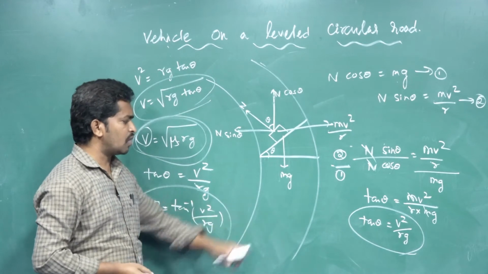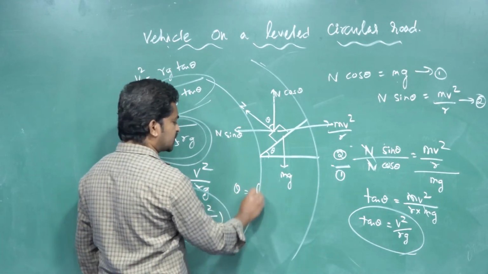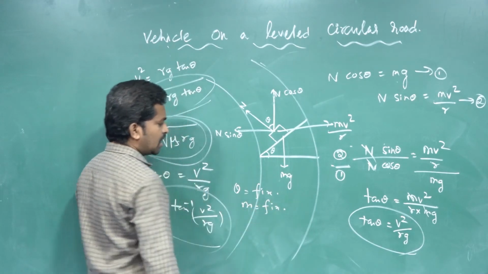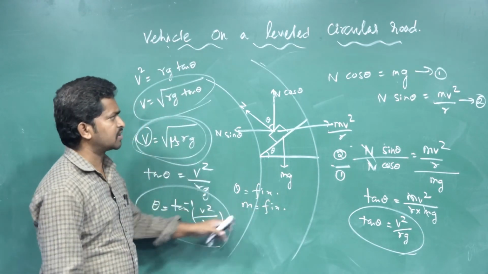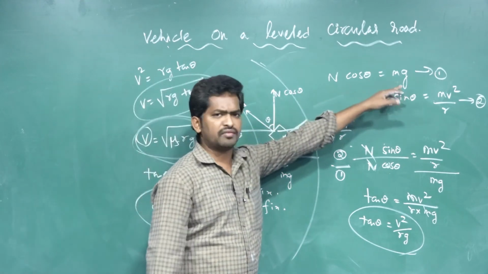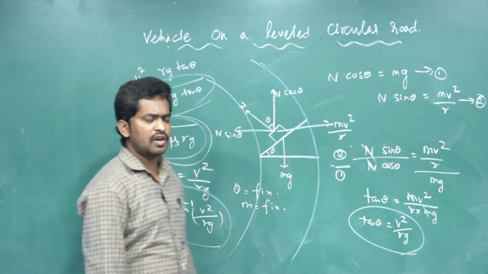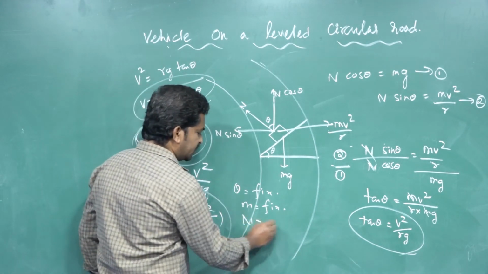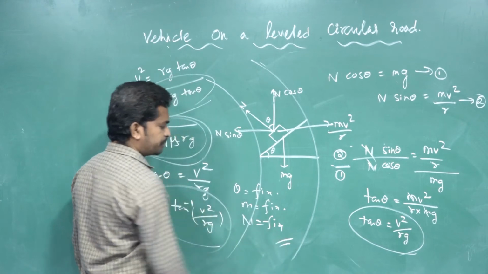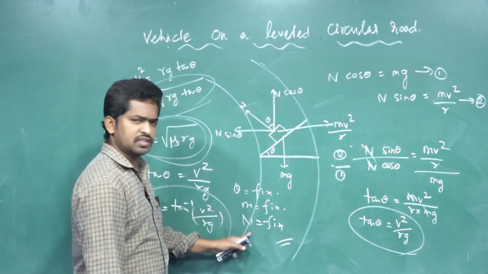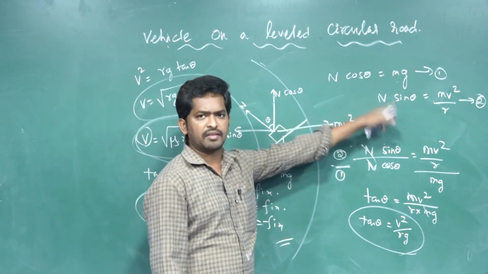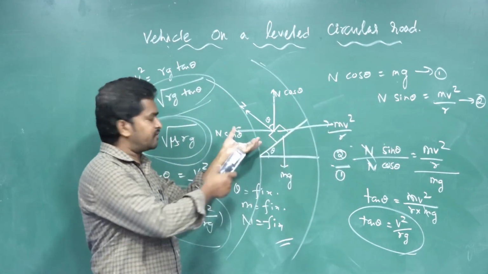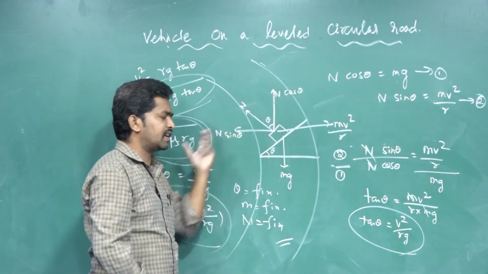Here theta is fixed, m is fixed, and n is fixed. N cos theta is equal to mg. This is the condition of components, that means the force is divided into horizontal and vertical components.